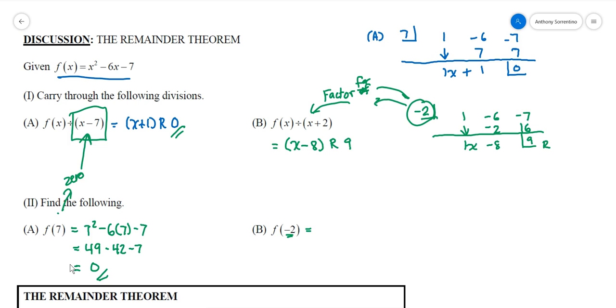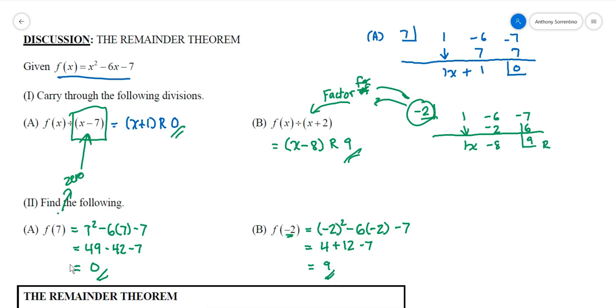Well, if I plug that into the function, I'm going to have -2 squared minus 6 times -2 minus 7. That's 4 plus 12 minus 7. And 4 plus 12 is 16, minus 7 is 9.